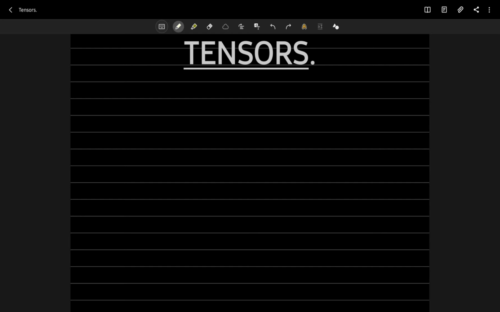Okay, so in terms of the labeling scheme for tangent or cotangent spaces, if you see something like (0,0), this tells you that we have scalars. If you see something like (1,0), that is what we call vectors.